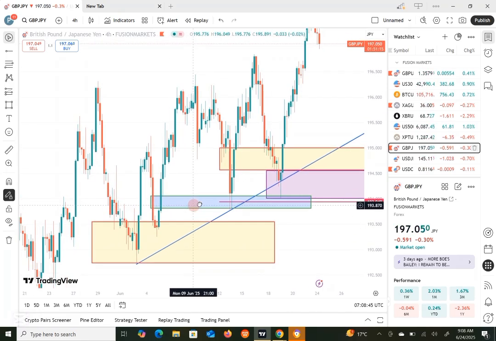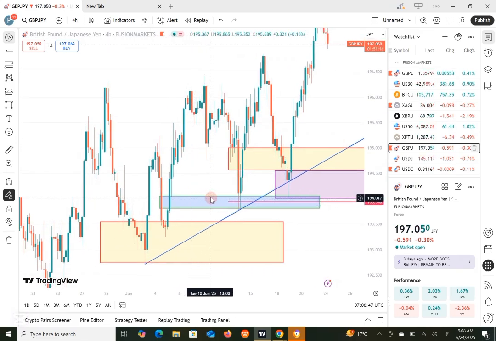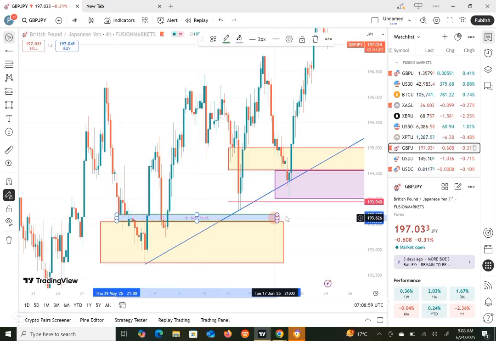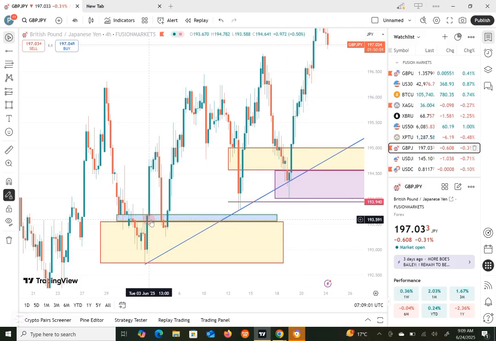Then our fair value gap was representative by this area right here. This side we had a smaller fair value gap there. That was your imbalance. At least this one is small, even if price can retest this, but still your stop loss would have to be right below this side.